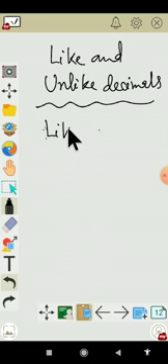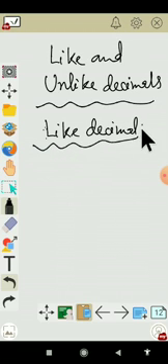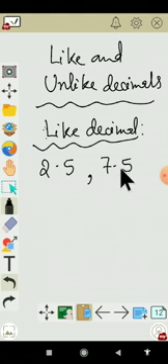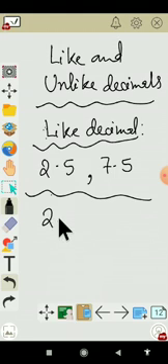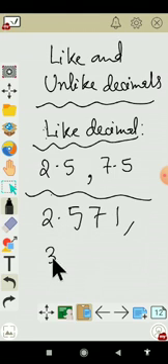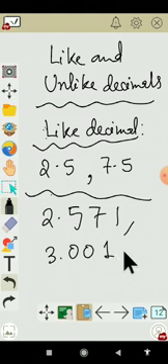So in case of like decimals, the number of decimal places will be the same. Suppose 2.5, 7.5, these both are like decimals. Again 2.571, 3.001, they are also like decimals.